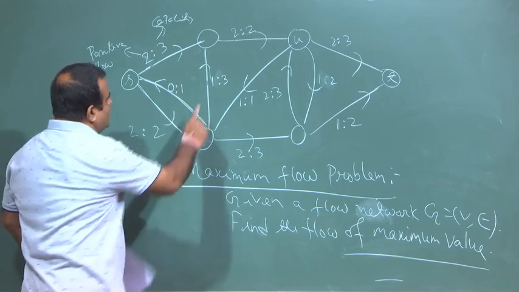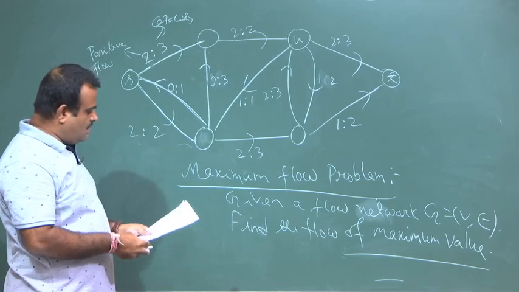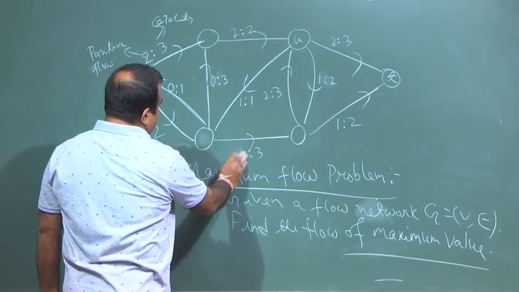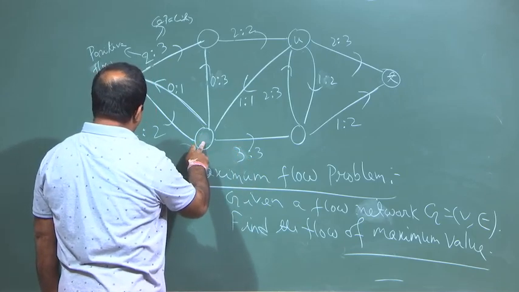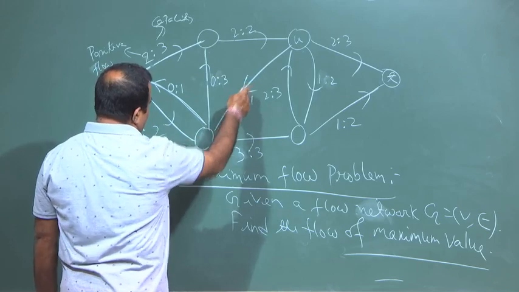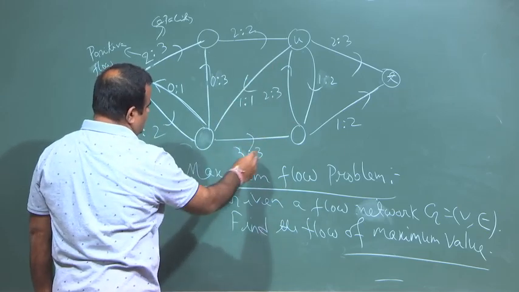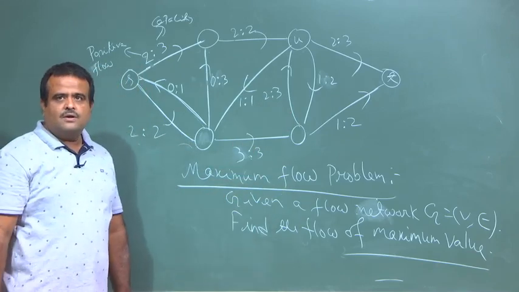So, if we make it 0, then now we can pass 3. This consumption is basically 2, and here 3. Yeah, so 2 and here 3, we can pass this 3 because the capacity allows us to pass 3. Okay.